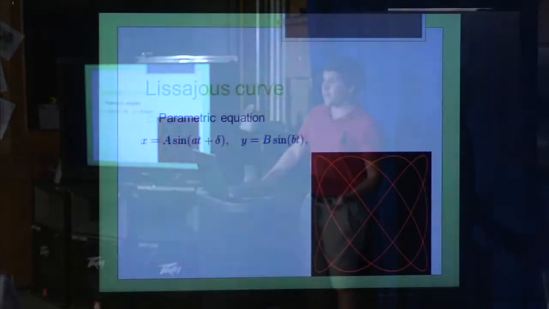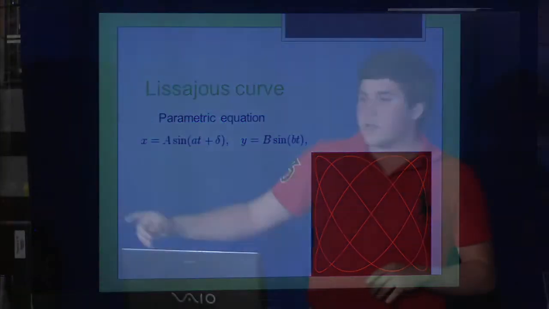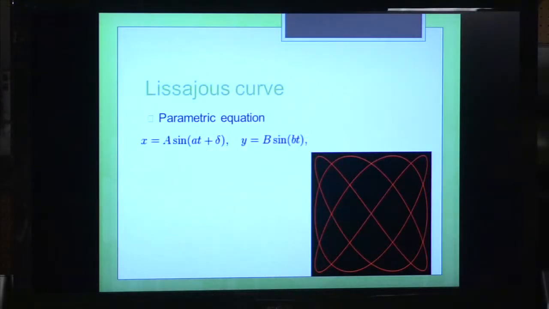Then, my calculus project last year was the Lissajous curve. That's why I bring it in again. It's given by the equation, and it depends on the parameters inside the sine in both parametric equations. So as you can tell, the Lissajous curve can have many different shapes depending on how we use the equations.